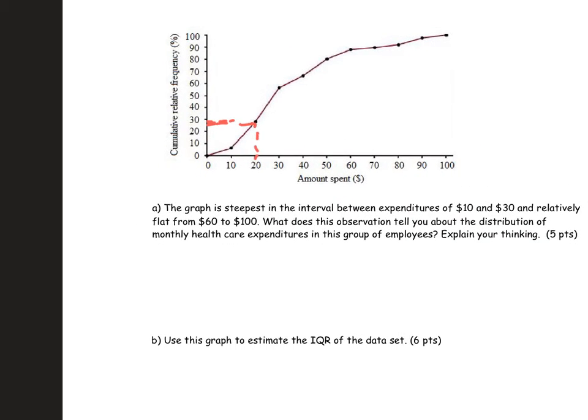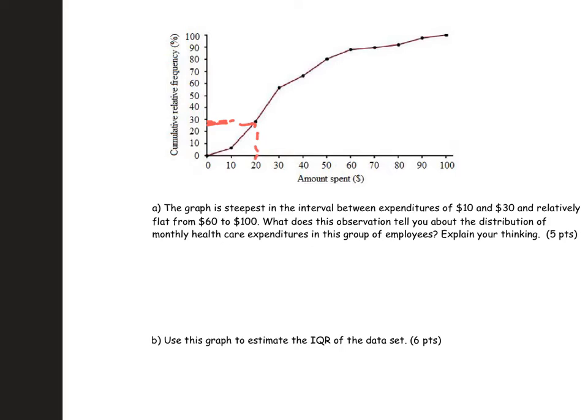So for example, if I go to $20 on the x-axis, and then go across to the cumulative relative frequency, let's see what I would think that is. I would say somewhere between 28 and 30%.